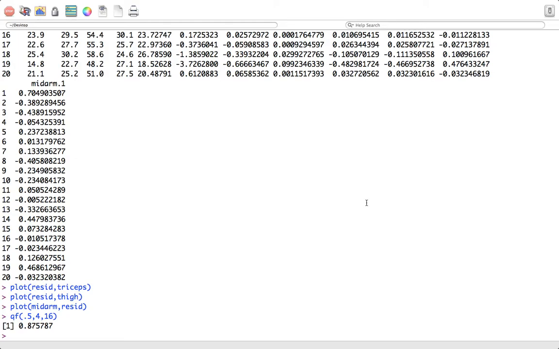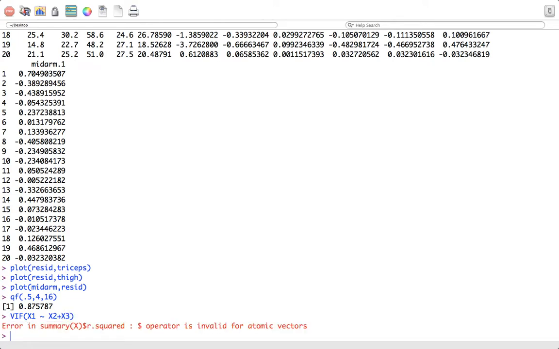Now, do we have any multicollinearity issue? Well, the first thing I would want to do is look at the variance inflation factor. Let's see, I forgot how to put this in there. I don't think this is going to work. x1 as a function of x2 plus x3.